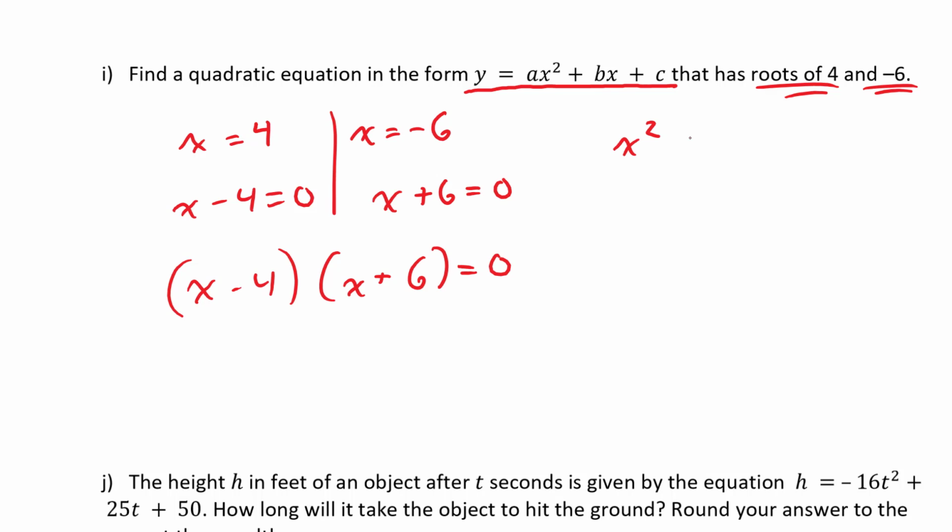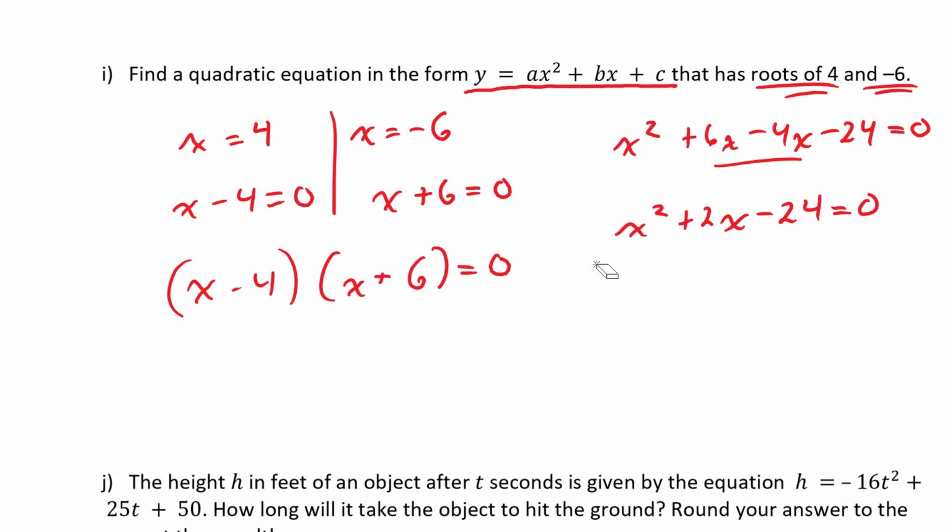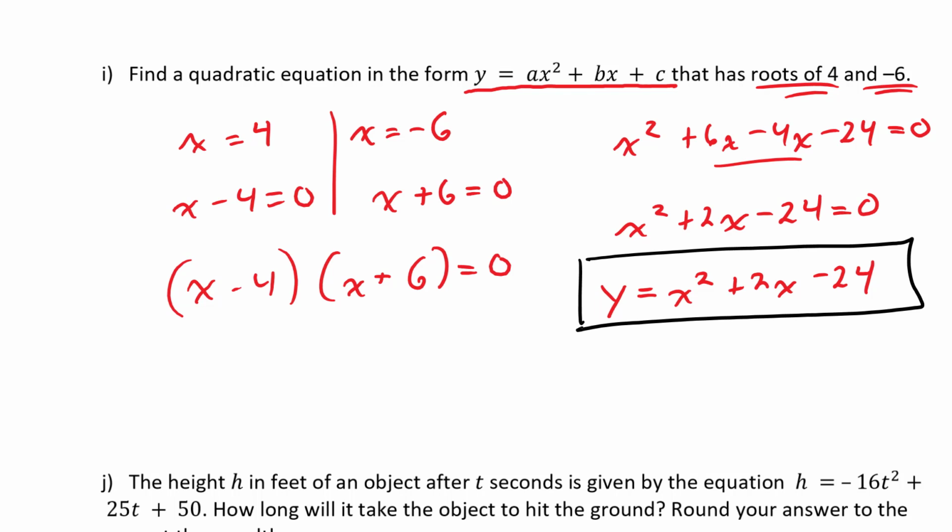X squared plus 6x minus 4x minus 24 equals 0. Combine like terms, x squared plus 2x minus 24. We don't want it equal to 0. We want it equal to y. So y is equal to x squared plus 2x minus 24. Here is your quadratic equation with the roots 4, negative 6.